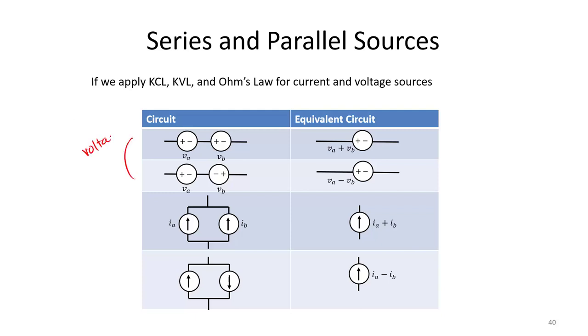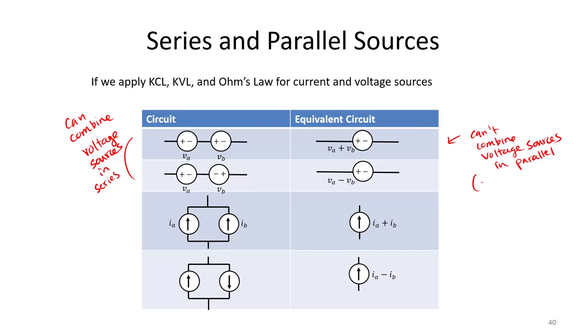So if we have voltage sources in series, notice we can combine voltage sources in series. However, notice that you can't combine voltage sources in parallel because that would violate Kirchhoff's voltage law.